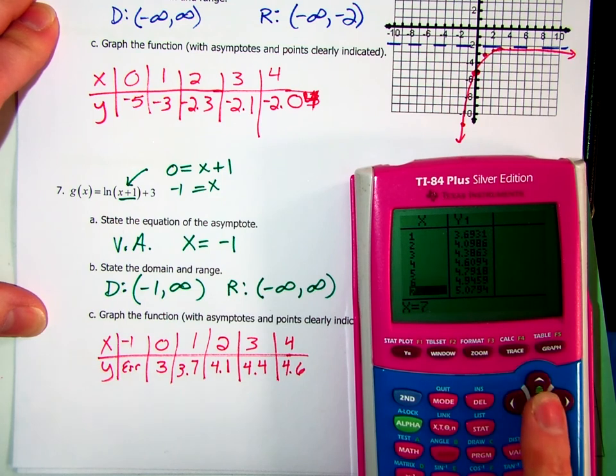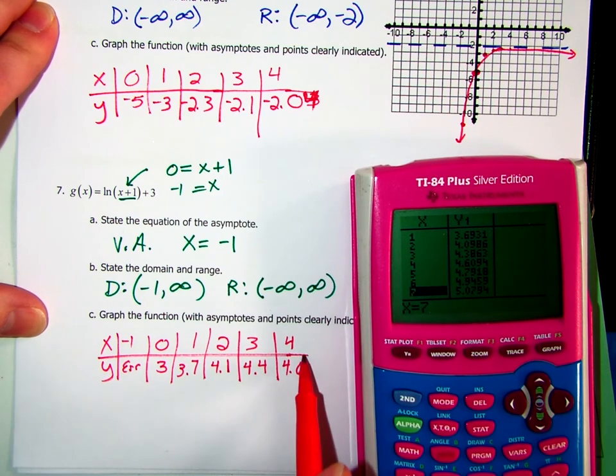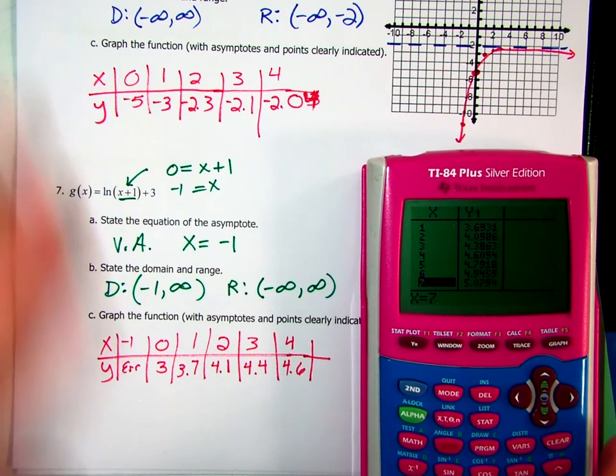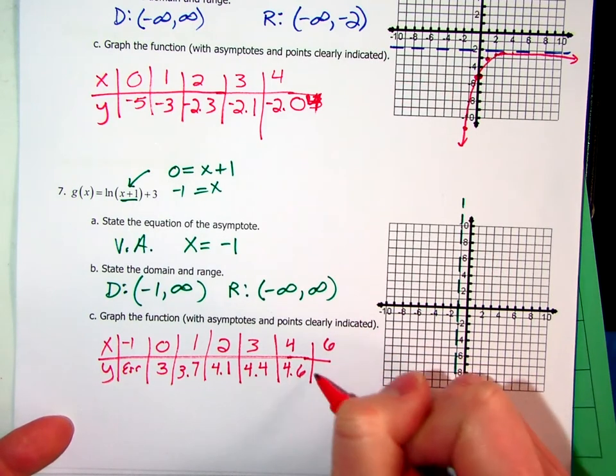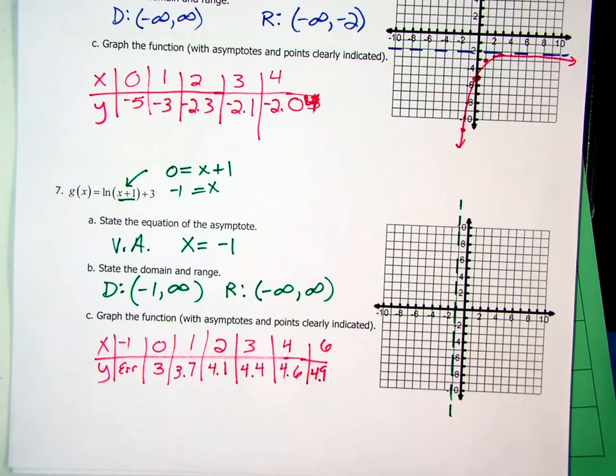Okay, so I probably won't go much beyond that, but I could put in the 6 and 4.9. Okay, and then we can go ahead and graph those.